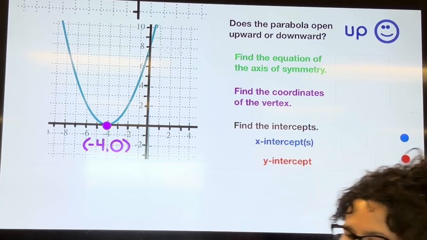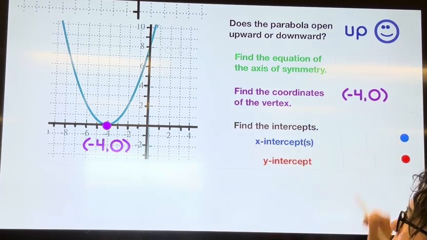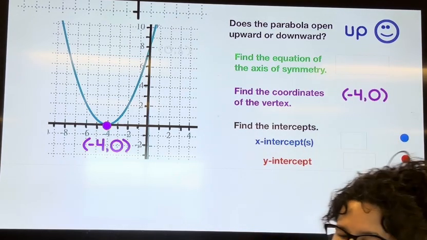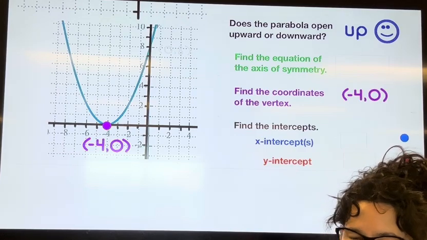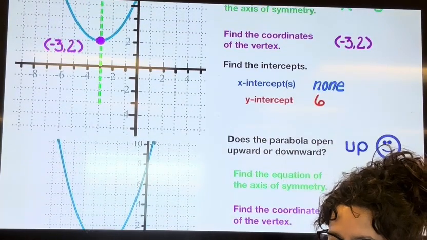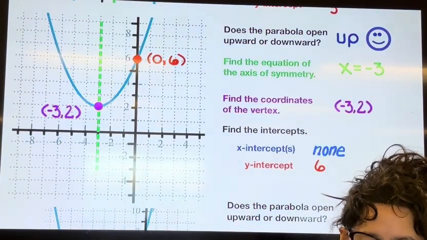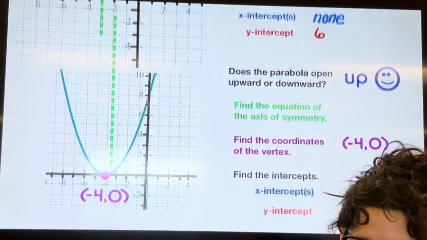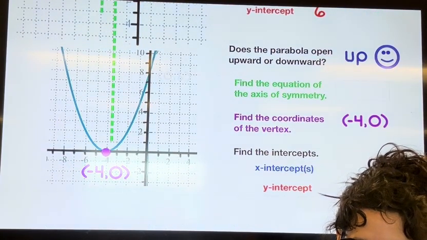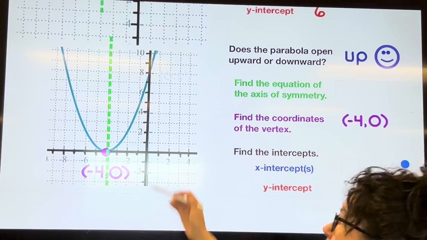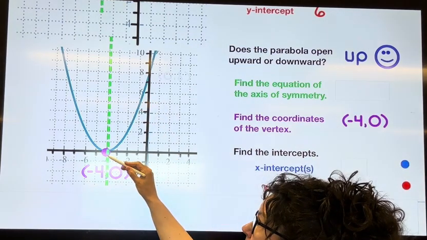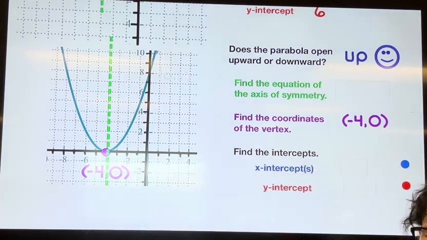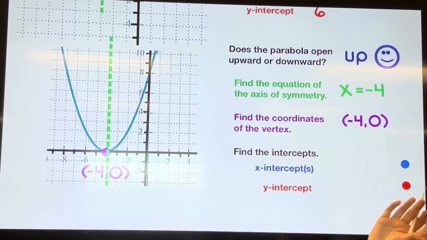Okay, so my vertex, the coordinates is -4, 0. The line that's slicing through, I'm going to come up here and just grab one of these lines. Okay, so it is slicing through the x-axis at -4. So the equation is x equals -4.